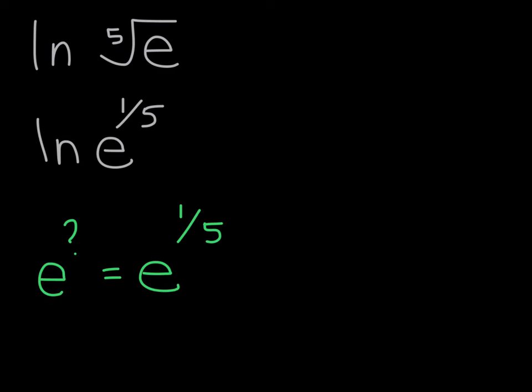So I hope you see that you would have to raise e to the 1/5 power in order to be equivalent to e to the 1/5 power, right? So the exponent would have to be 1/5. If you raise e to the power of 1/5, you will get e raised to the power of 1/5.